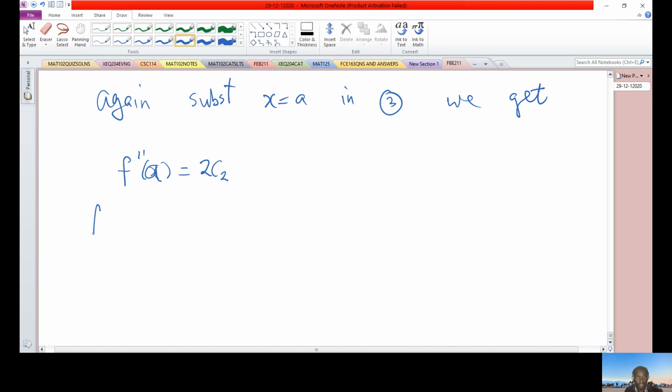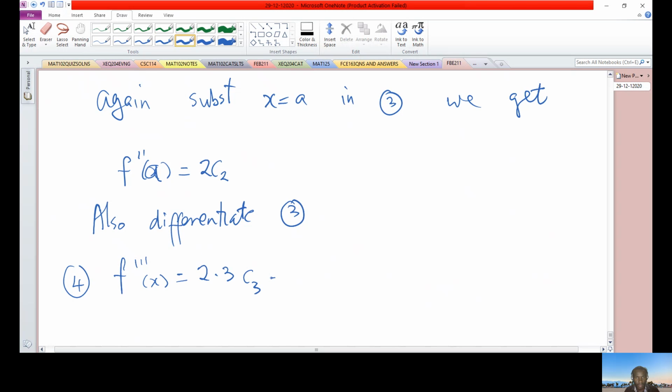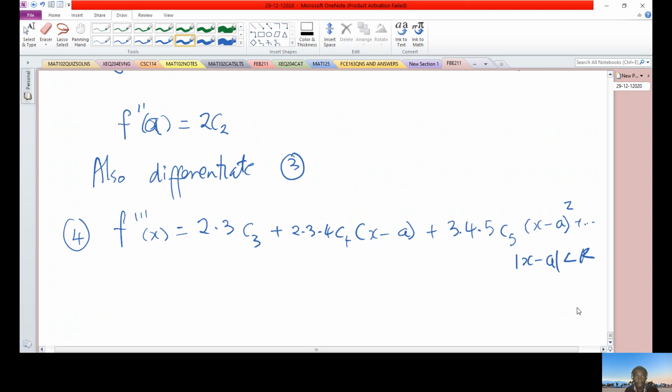So also differentiate equation 3. We'll get f triple prime of x is 2 times 3 c3 plus 2 times 3 times 4 c4 (x minus a) plus 3 times 4 times 5 c5 (x minus a) squared plus other several terms, with |x minus a| less than R. And again replace x equals a in 4.